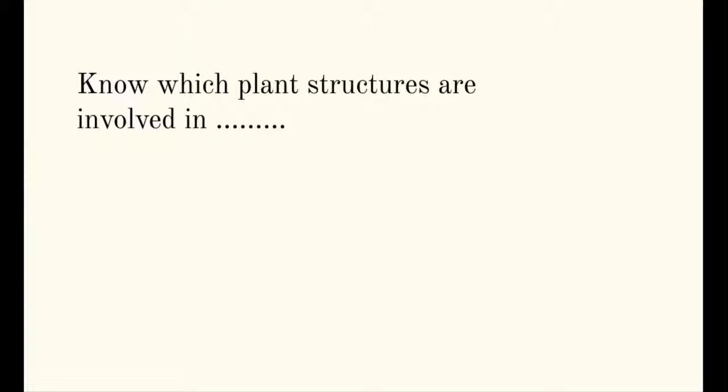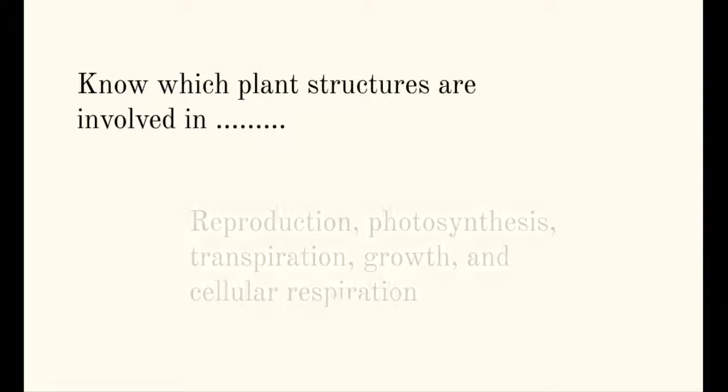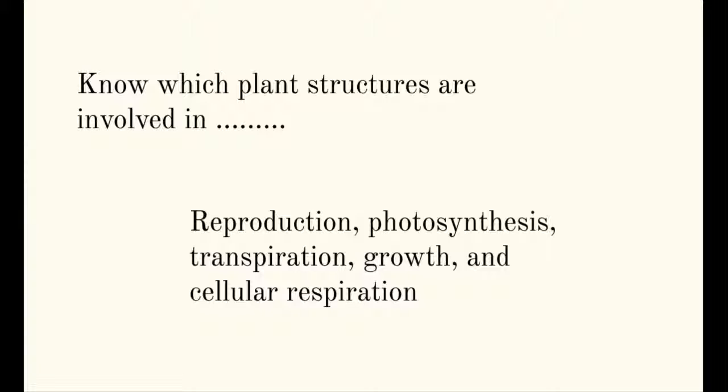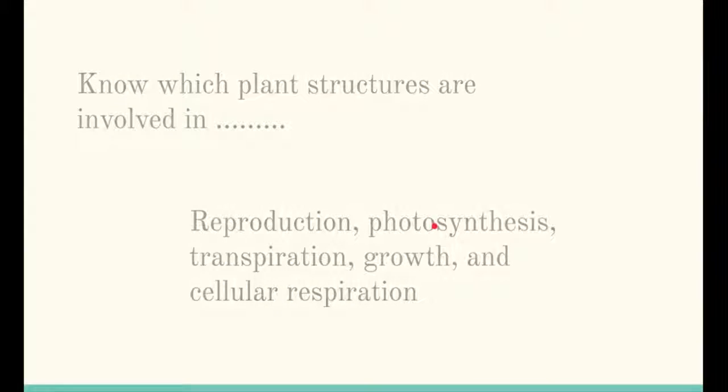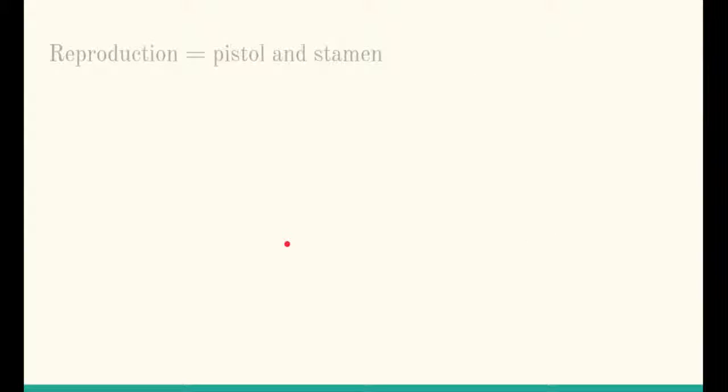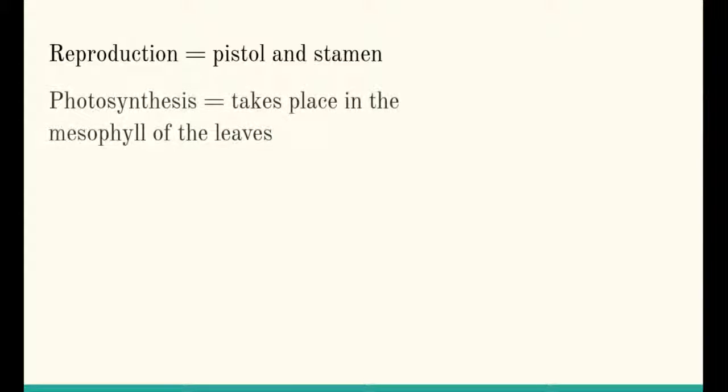The next question asks, know which plant structures are involved in reproduction, photosynthesis, transpiration, growth, and cellular respiration. Reproduction occurs in the pistil and stamen. Photosynthesis takes place in the mesophyll of the leaves.